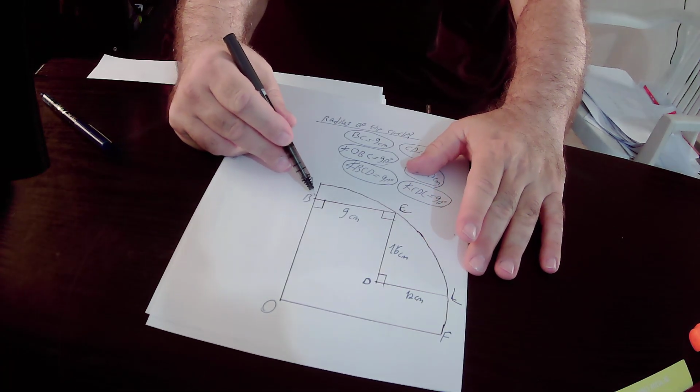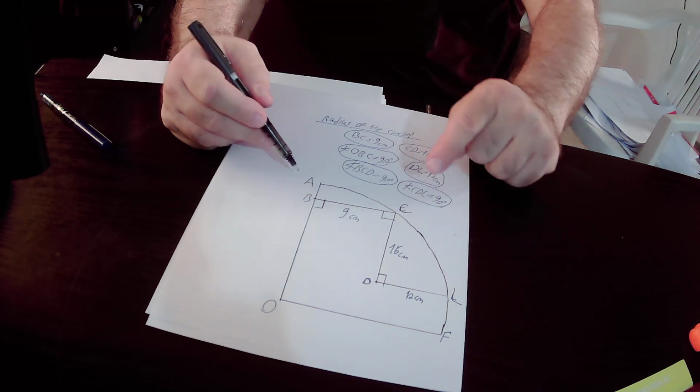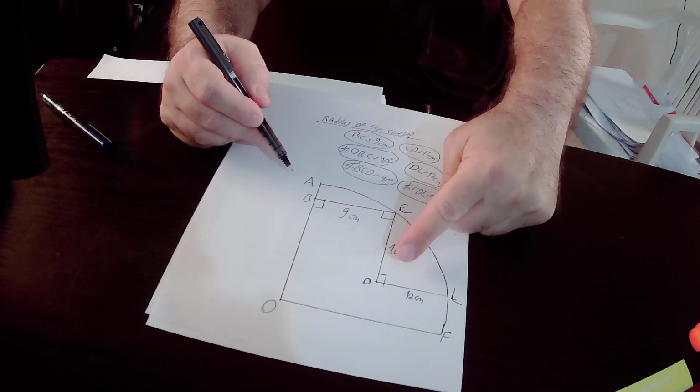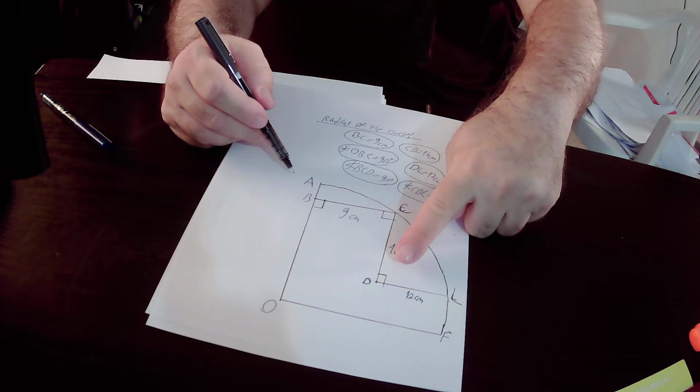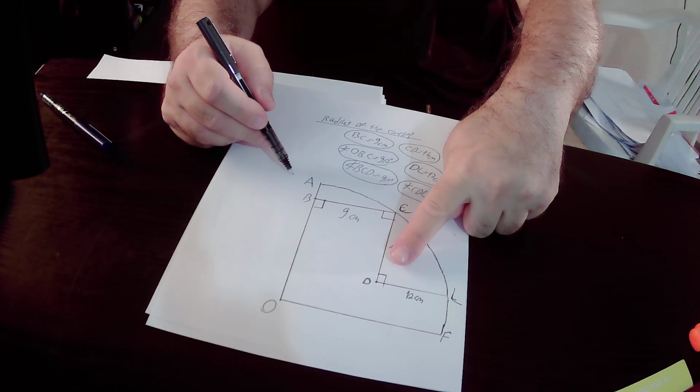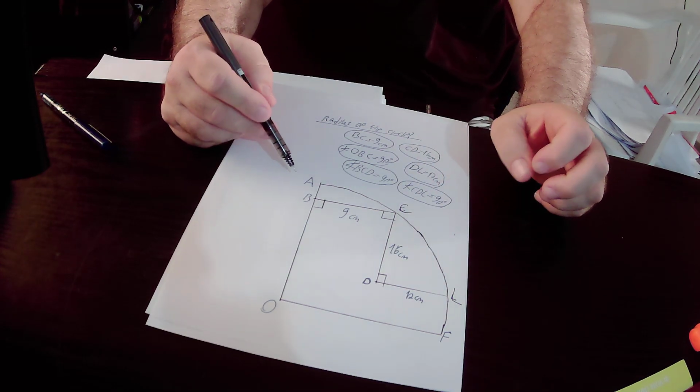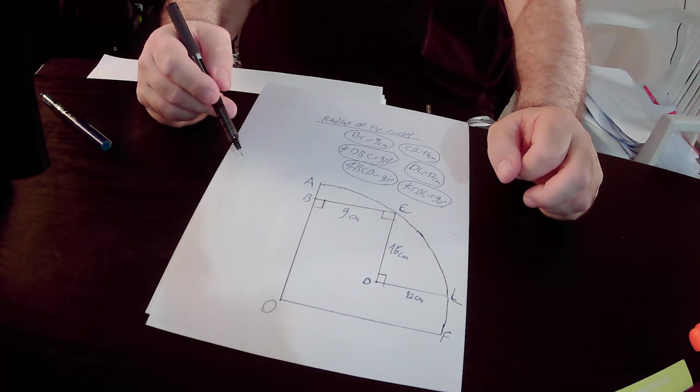Angle OBC equals 90 degrees, angle BCD equals 90 degrees, and angle CDL is also 90 degrees, and our mission is to find out the radius of this quarter circle.